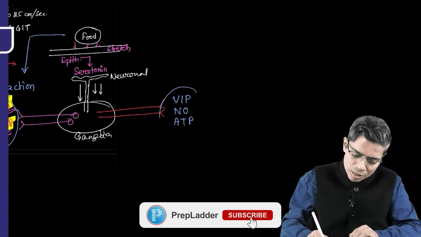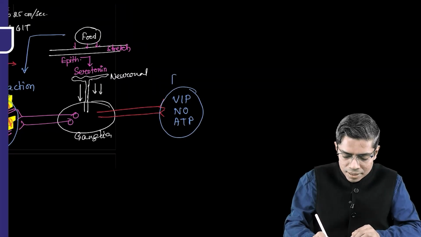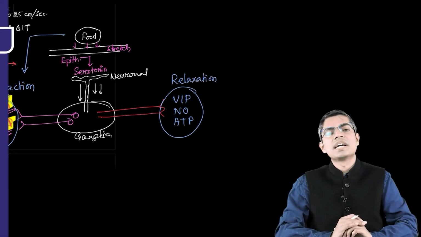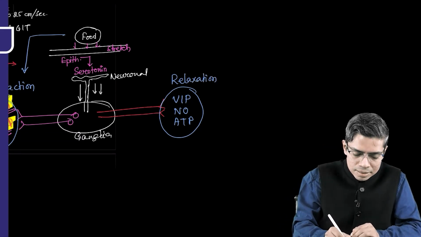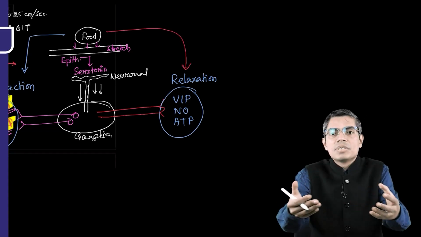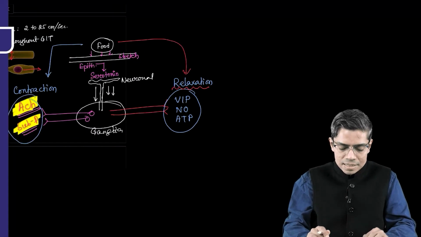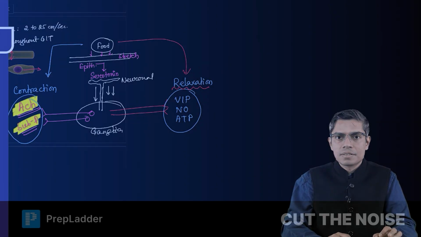In presence of these neurotransmitters, we all know that there will be relaxation of the smooth muscles of the GIT. That's why the distal part of the GIT ahead of this food particle is going to relax, and this is nothing but the peristalsis.